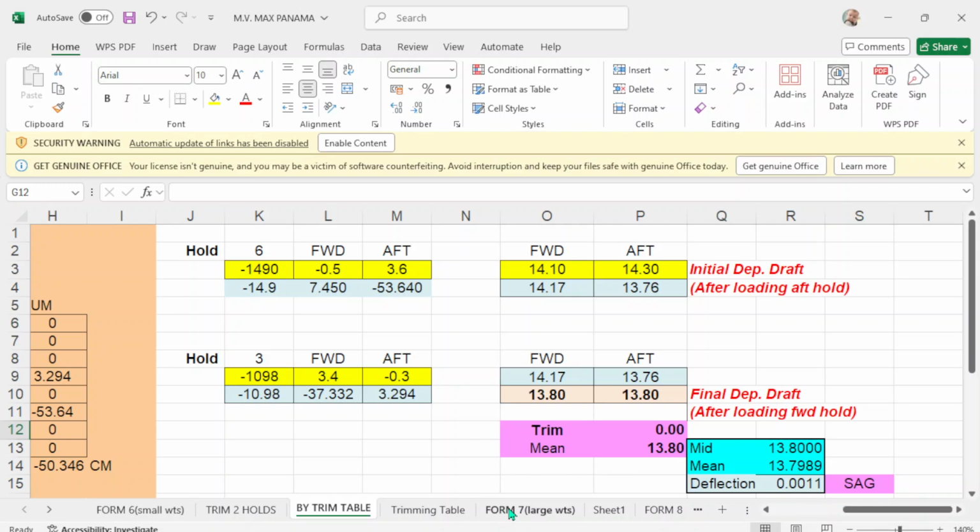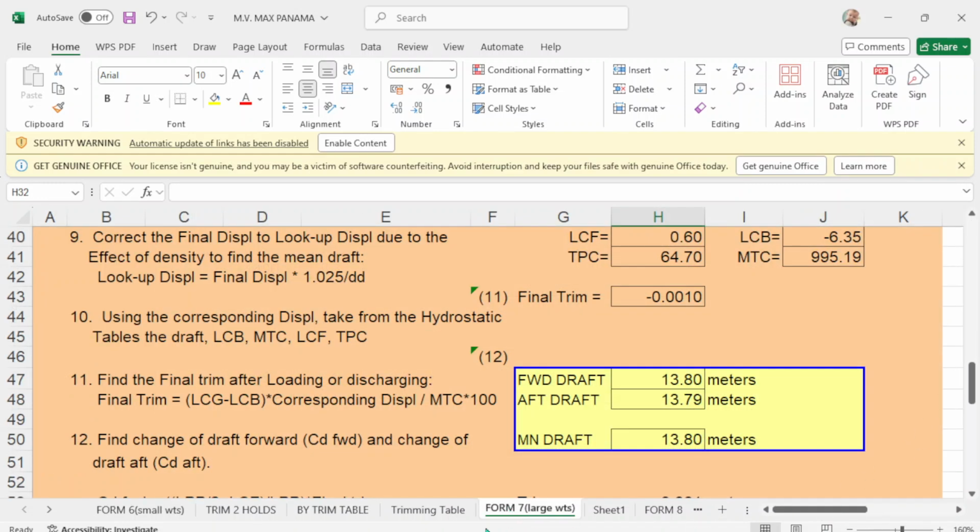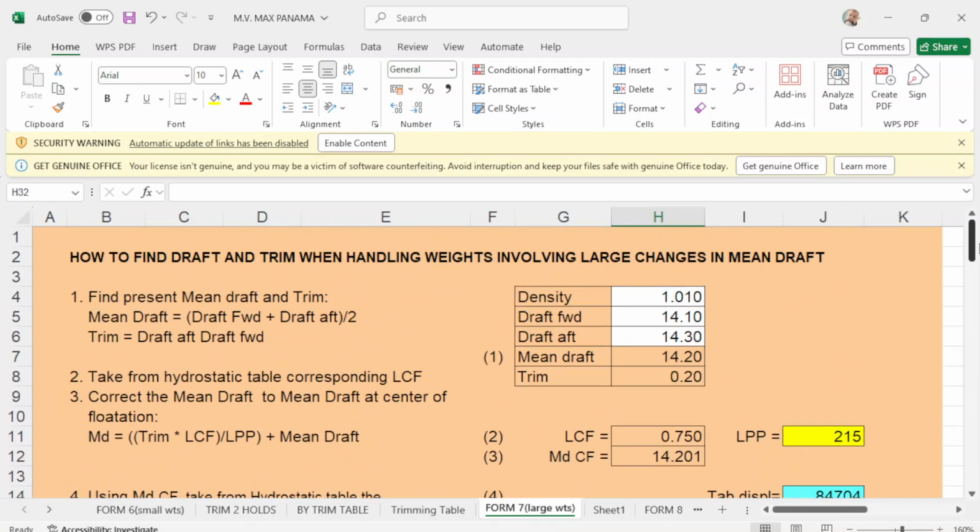And the last program, which is for number 7, is how to find drop and trim when handling weights involving large changes in mean drop. Okay, so the initial density was 1.010.